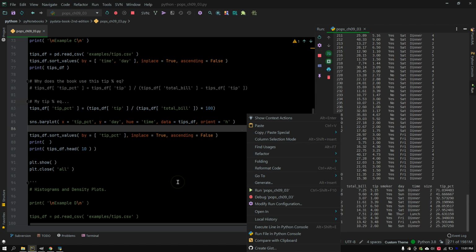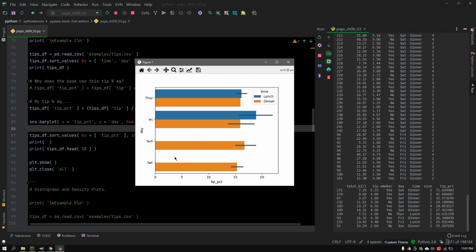So, if you notice on the graph, Sundays and Saturdays were only dinner and have only dinner in the table, and Fridays and Thursdays have both. The percentage of the tip, you see that it approaches 20% here on Friday lunch.